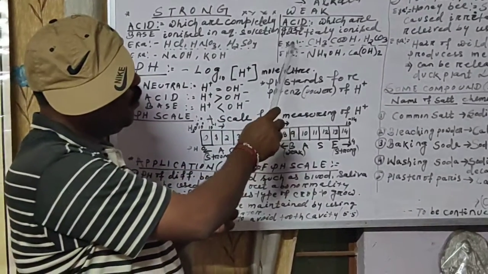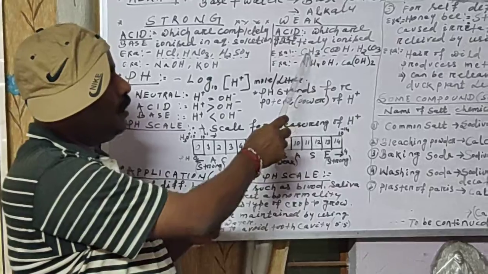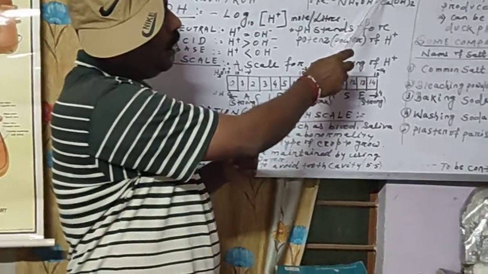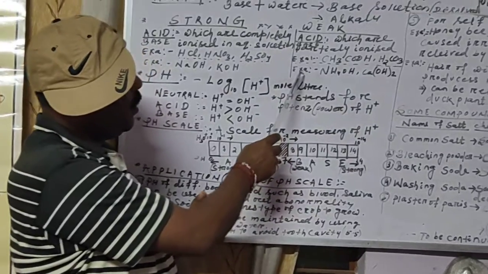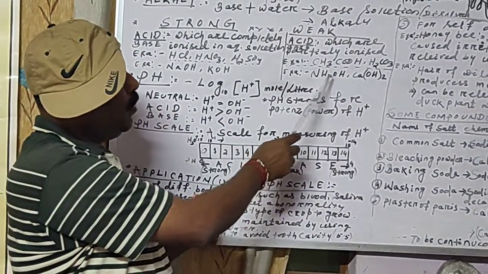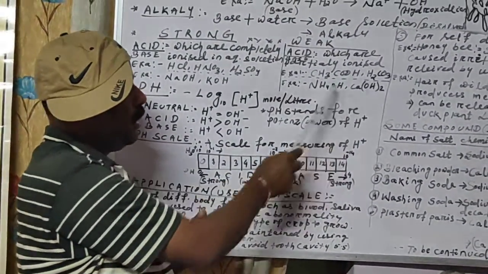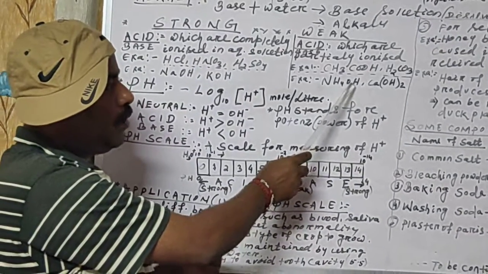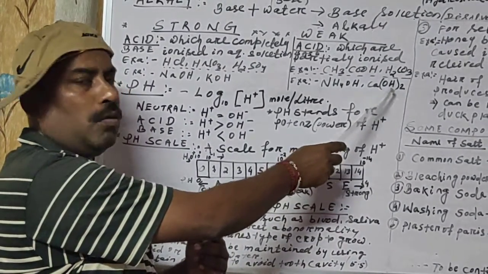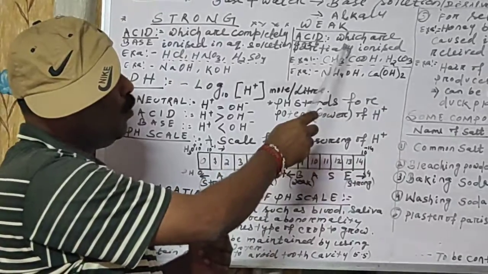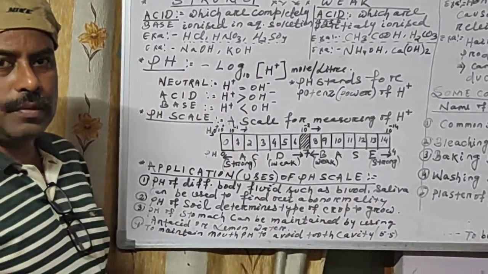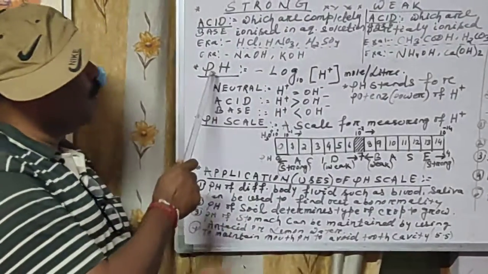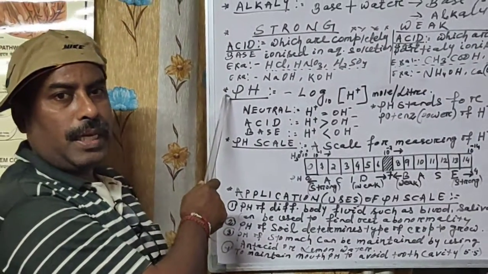For example, weak acids are acetic acid CH3COOH and carbonic acid H2CO3. Weak bases are ammonium hydroxide NH4OH and calcium hydroxide. So they are called the weak acid, weak base, strong acid, strong base. Clear, I think?